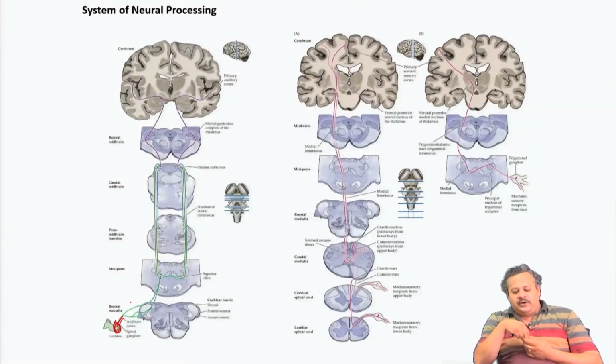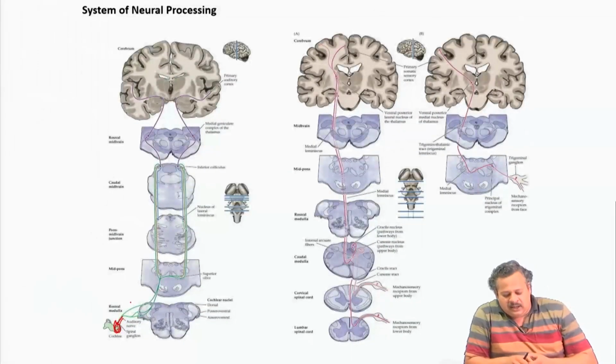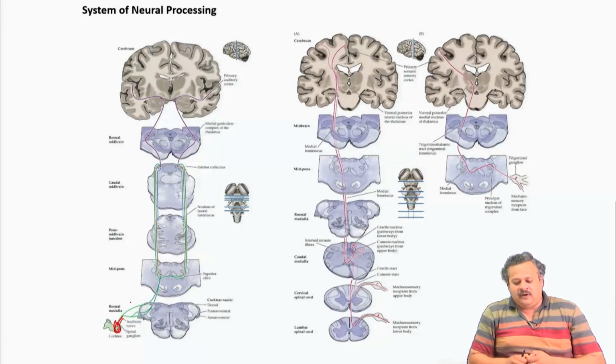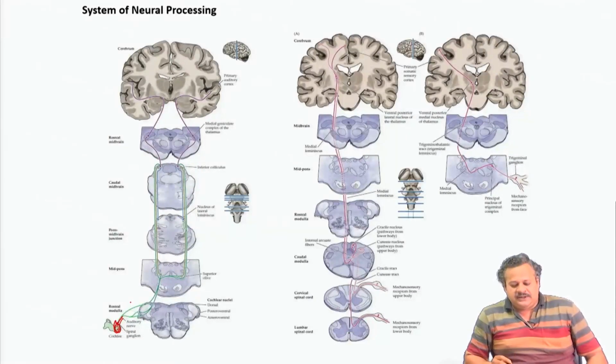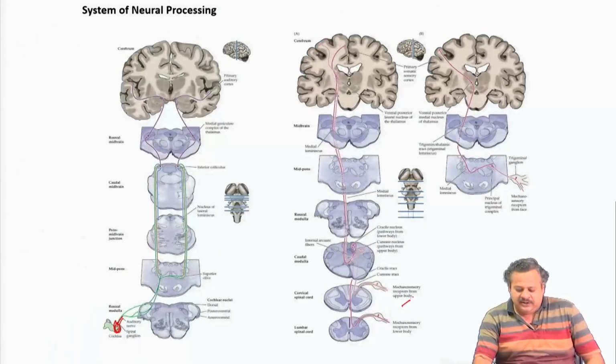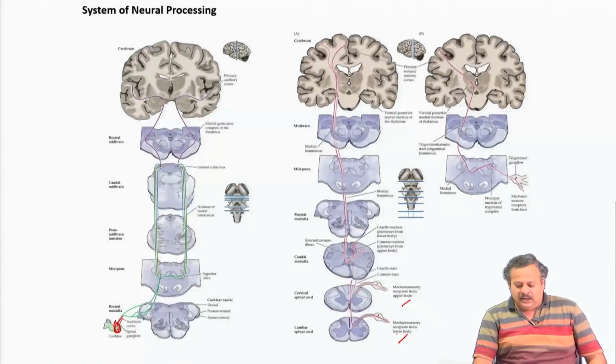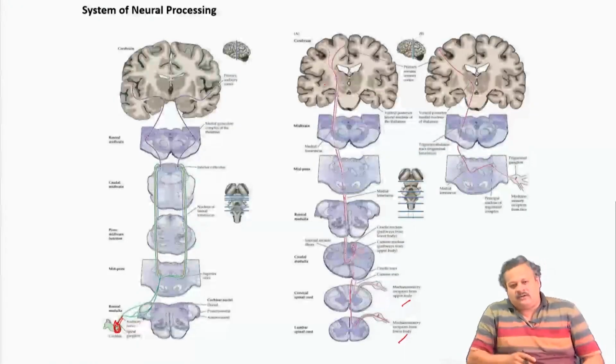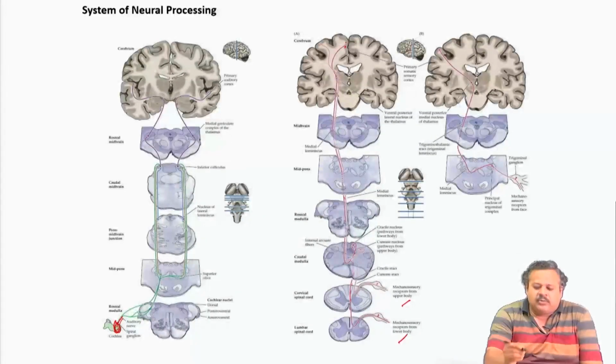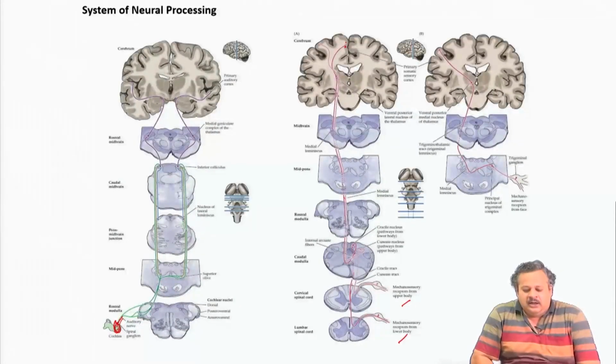pathways that carry information. One is shown on the left and the other is shown on the right, and essentially the spinal cord is heavily involved in carrying the information from the entire body up to the central nervous system in the somatosensory cortex. So, again as you see, these mechanosensory receptors of the different parts of the body bring that information into the central nervous system, and information passes on through different tracts of information to finally reach the primary somatosensory cortex via the thalamic regions in the somatosensory pathway.